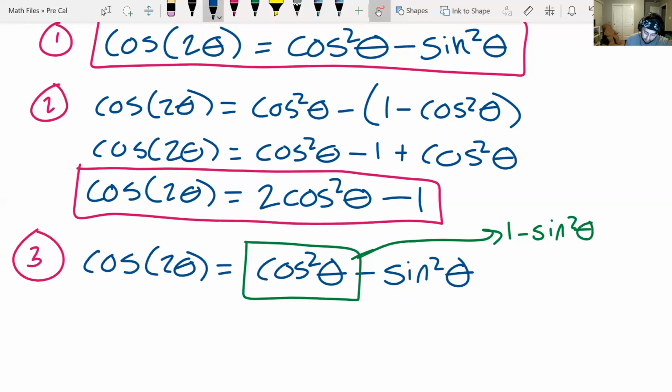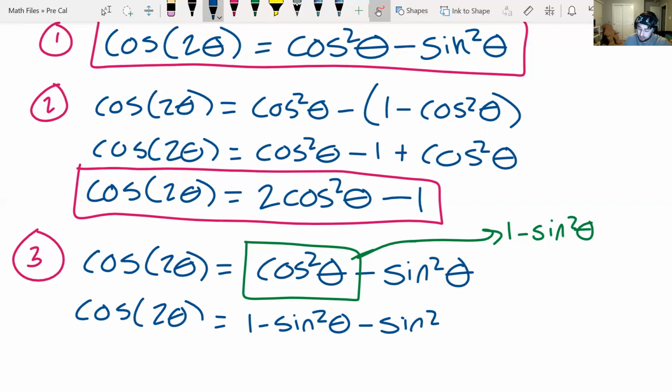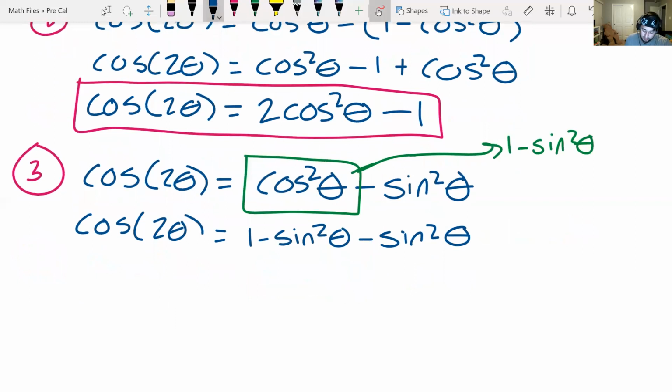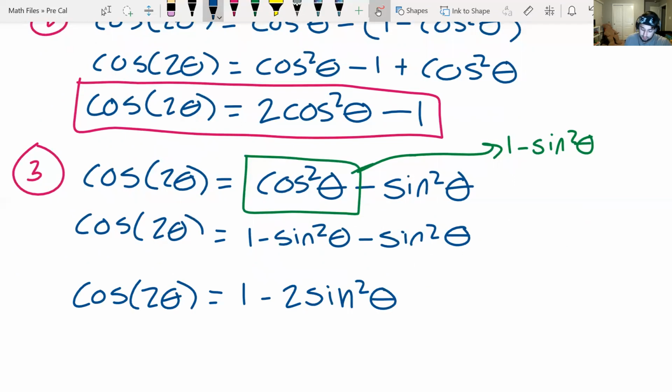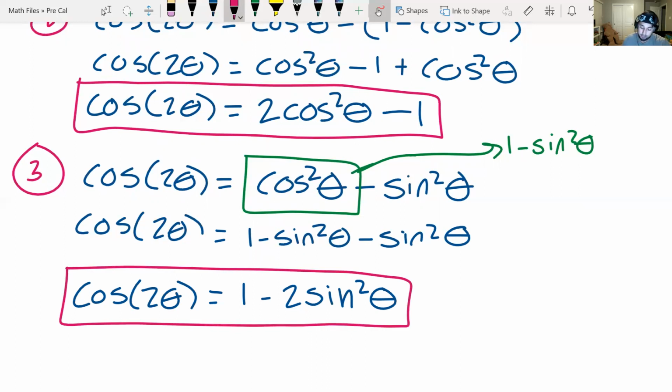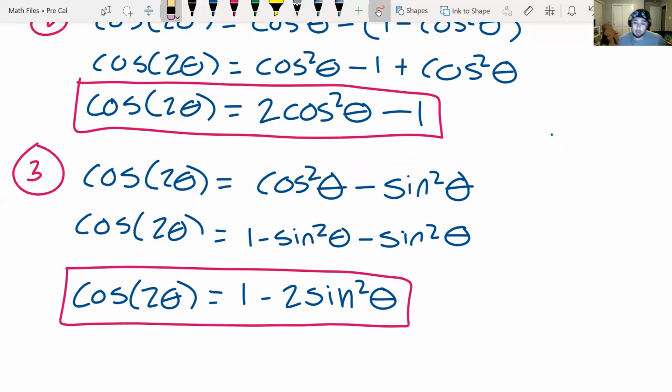So cosine 2 theta is equal to 1 minus sine squared theta minus sine squared theta. Clean it up, and we get cosine 2 theta equal to 1 minus 2 sine squared theta. There it is. Formula number 3 for cosine 2 theta.